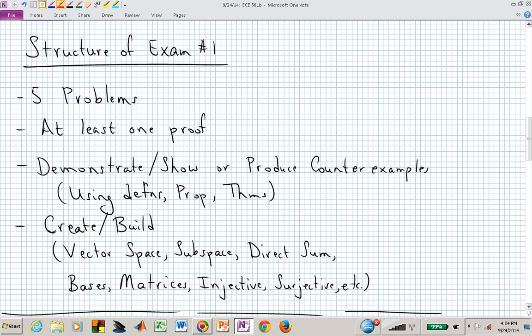You may be asked to demonstrate or show or produce counterexamples using definitions, propositions, theorems. You may be asked to create or build a vector space, a subspace, a direct sum decomposition, basis, matrices, injective maps, surjective maps, etc.